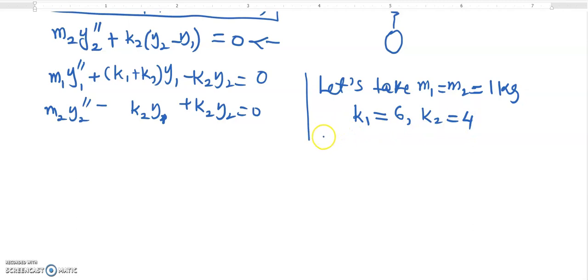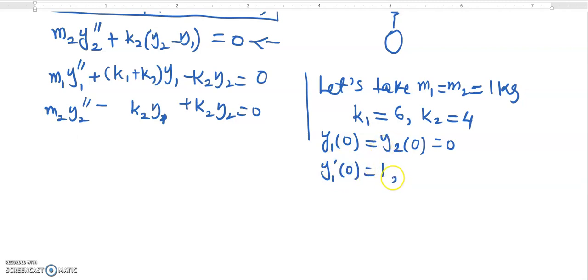Also assume that both masses start from the equilibrium position, so their initial displacement is 0, whereas the initial velocity of the first is 1, that means downward, and the initial velocity of the second is minus 1, that is upward. These are the initial conditions.